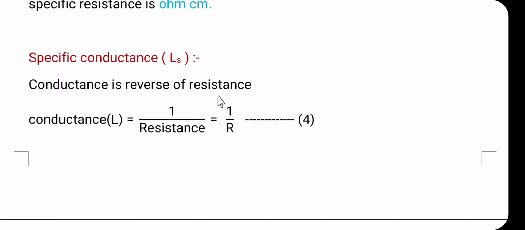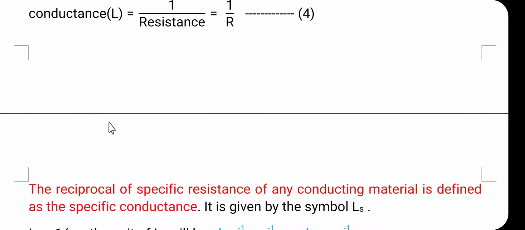Conductance is the reverse of resistance, generally denoted by the symbol L. So L is equal to 1 upon R. With the help of this expression, if we know the conductance, we can find the resistance, and if we know the resistance of the solution, we can find the conductance. This is the definition of conductance.